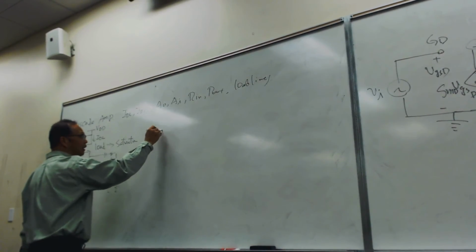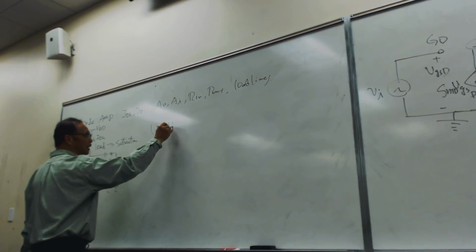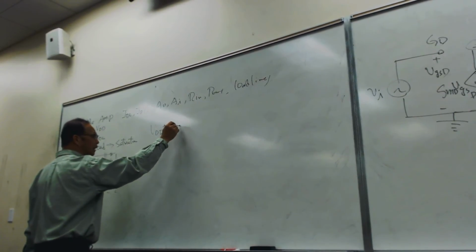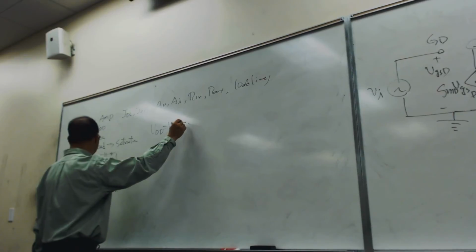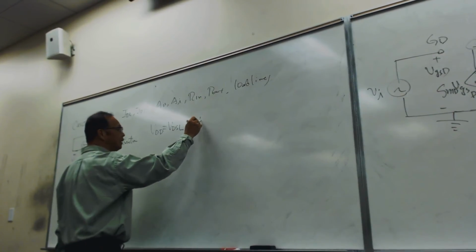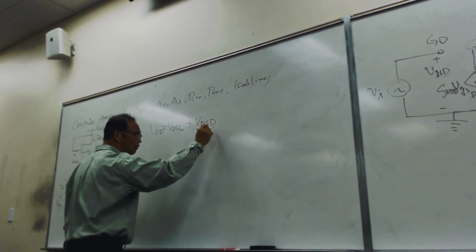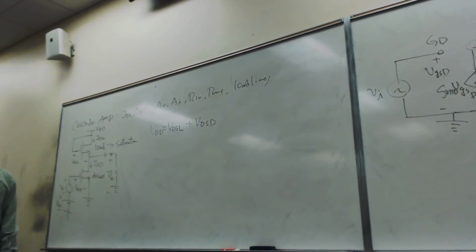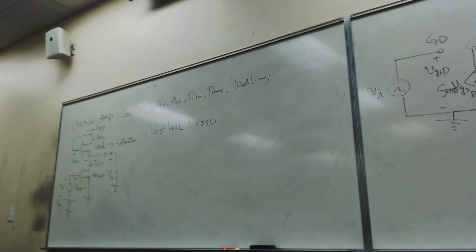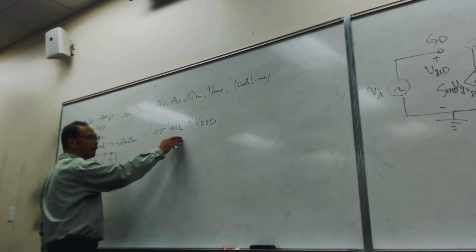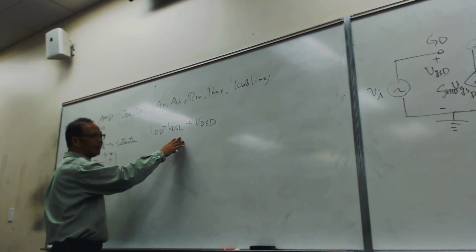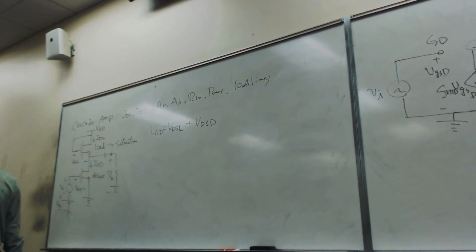So it's VDD plus VDS load plus VDS driver. But how are you going to construct the load line? Typically, you have an equation that has the current and the resistance.